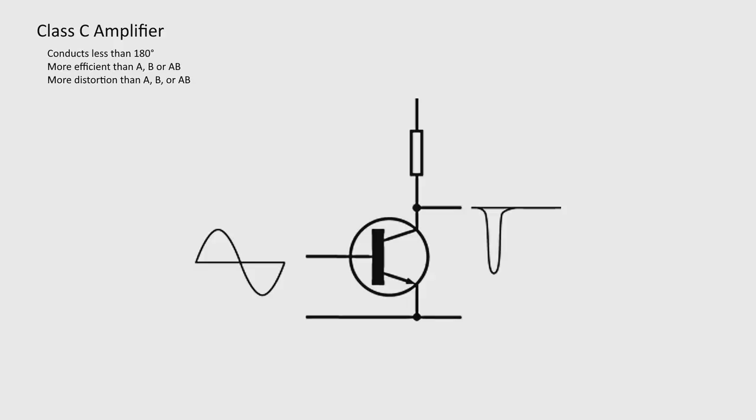And, oh wow, we got another type to talk about here: Class C amplifiers. I'll cut to the chase because there's an awful lot here about Class C. In this case, it's just using a single transistor or a single tube.